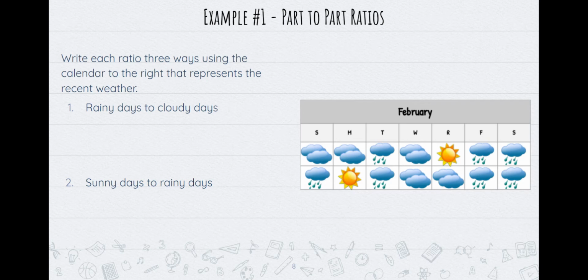And I write that. And again, I can write it either as a fraction, I can write it using the word "to," or I can write it with that colon punctuation symbol. So I have 7 to 5 because I have 7 rainy days to 5 cloudy days. And I would do the same thing with sunny days to rainy days. I would count the different weather patterns for each day. And so in this case, I have 2 sunny days to 7 rainy days.